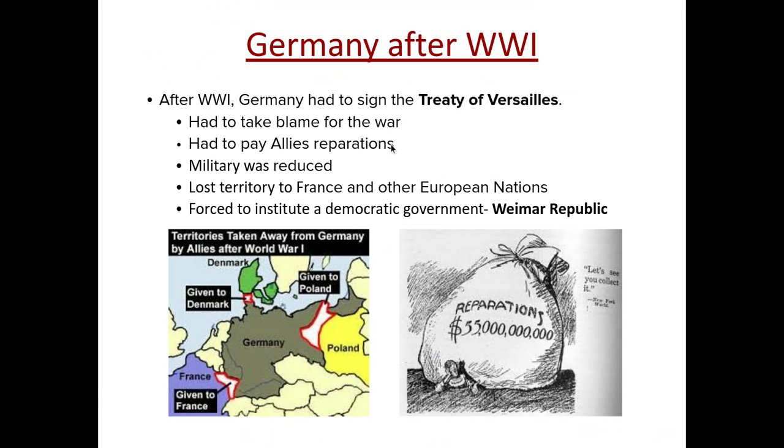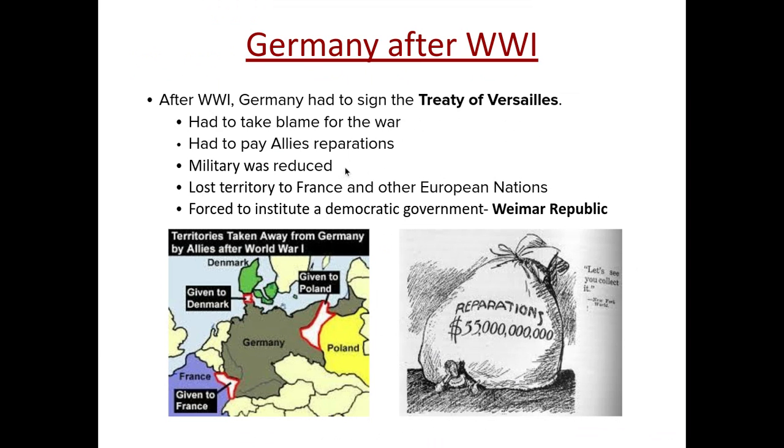It also had them pay a ton of money to the Allied powers as a result of the war for causing the damage throughout Europe. Whether or not it was all of Germany's fault is certainly up for debate. I think most historians agree that the blame should be spread out, but to the winners go the spoils, I suppose, here at the end of the war.